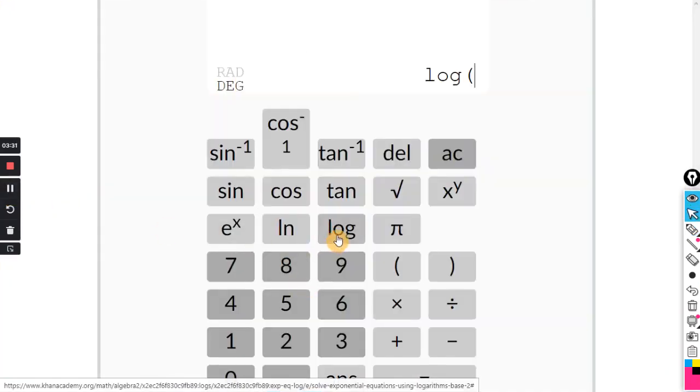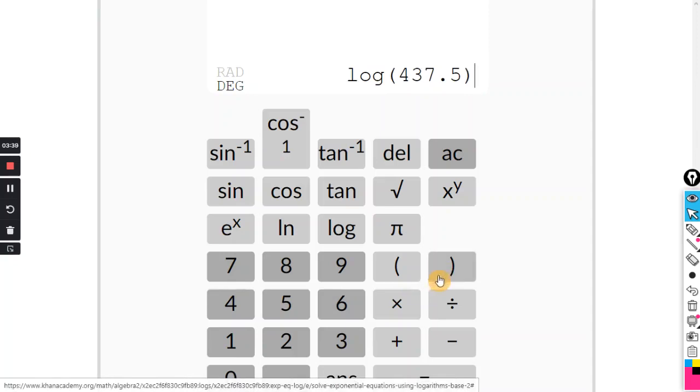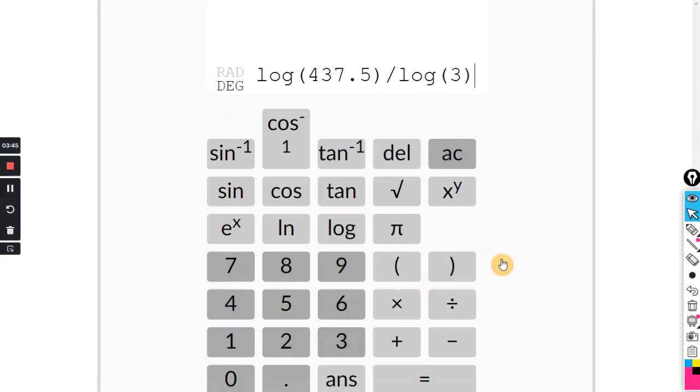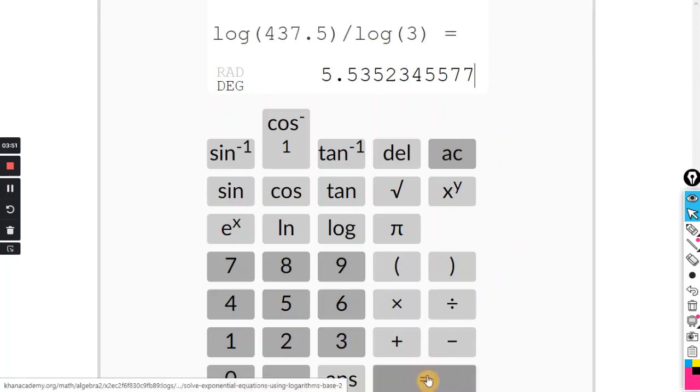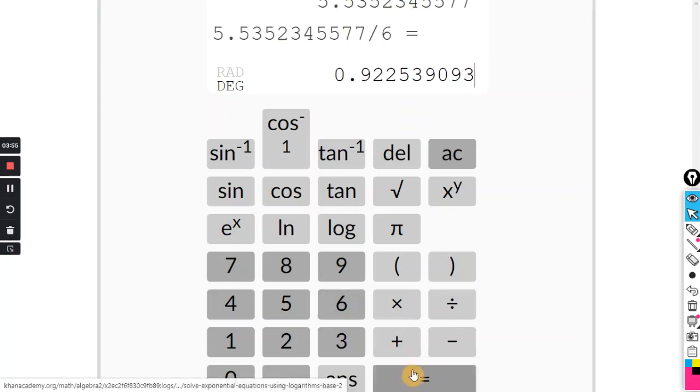So we have the log of 437.5, close parentheses, divided by log of 3, close parentheses. We need to divide this whole thing by 6. So I'm going to hit equals and then divide by 6 and hit equals again.